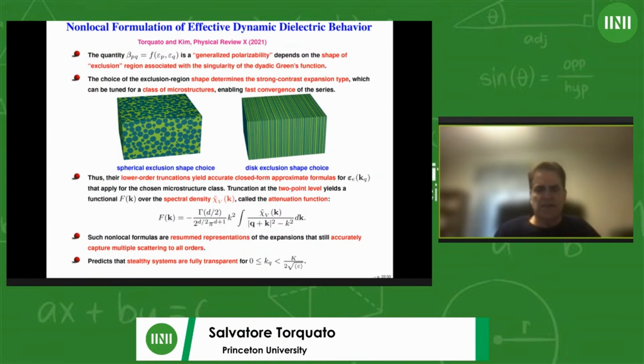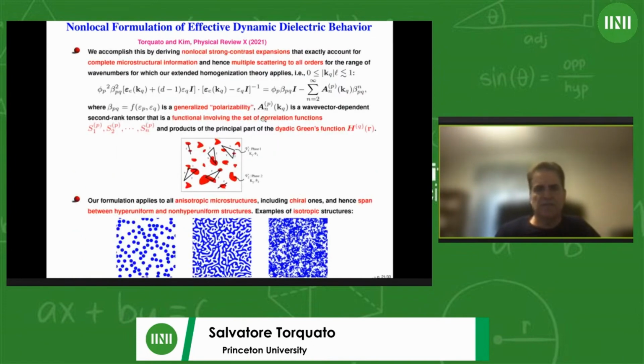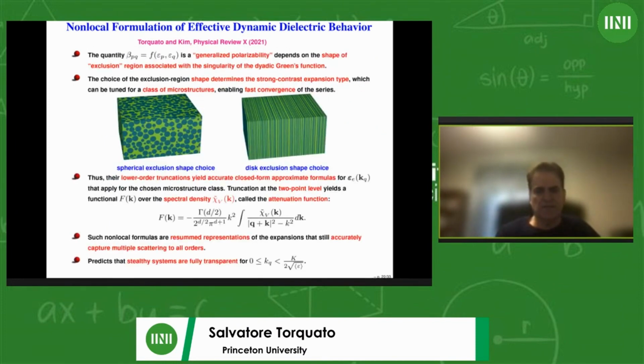But the thing that I want to bring your attention to is that this is really a multiple scattering. This is actually going to account for multiple scattering, primarily because this is a fractional linear transformation. And it has very, very fast convergence properties. We've tested this out for various systems.